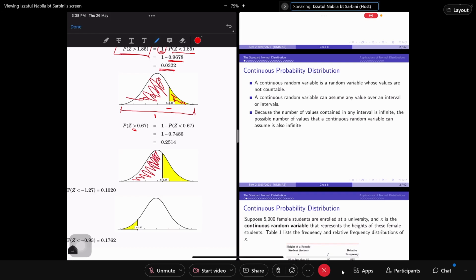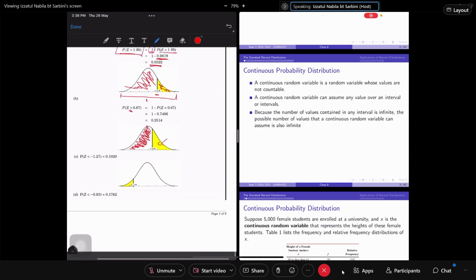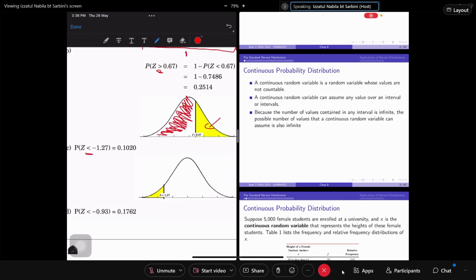This area here, you can get from the table, but you want the yellow shaded area here, so you have to minus it from 1. Likewise, less than negative 1.27, you can directly get from the Z table, because it's on the left side. So the Z table only gives you values on the left side, yeah?